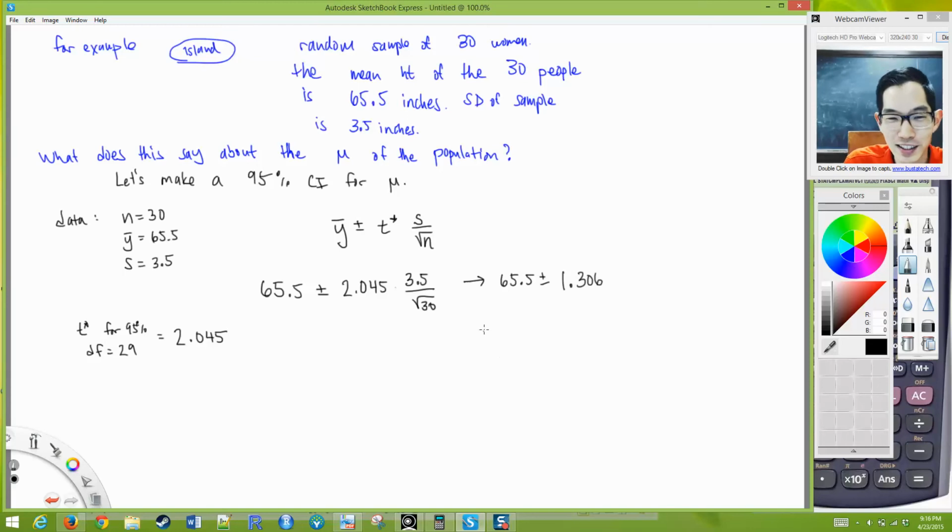So I have 65.5 plus or minus 1.3, which gives me 66.8 on the high end, and 65.5 minus 1.3 would be 64.2, so the interval is 64.2 to 66.8.